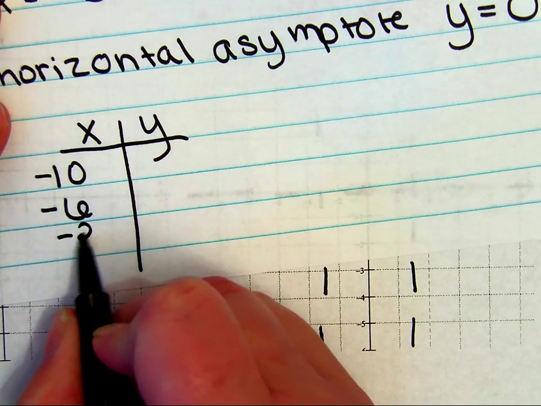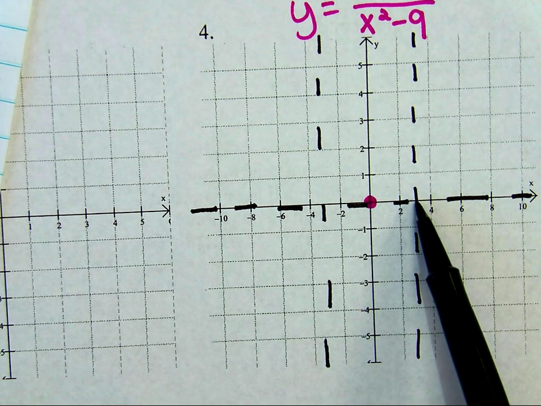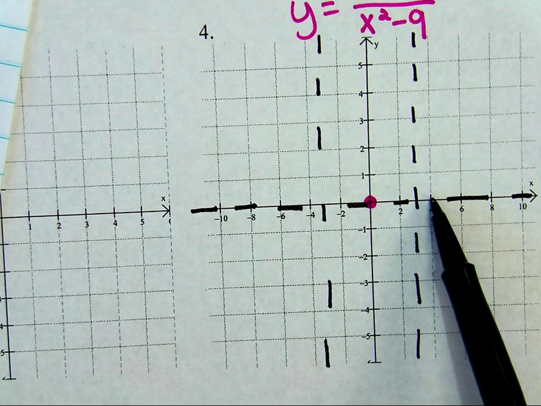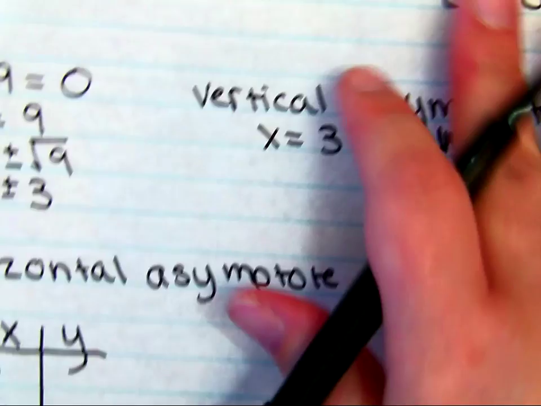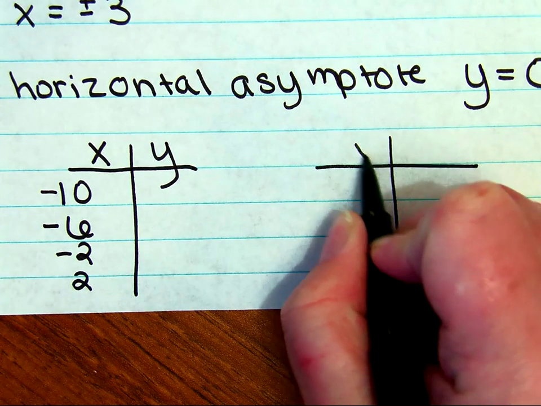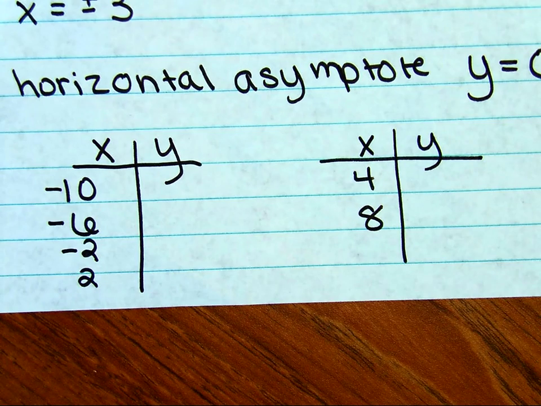And for my last section, the asymptote is at 3, so I'm going to pick 4 and 8. I ran out of space, but I've got 2 XY tables going here. Remember, your original equation is x over x squared minus 9.